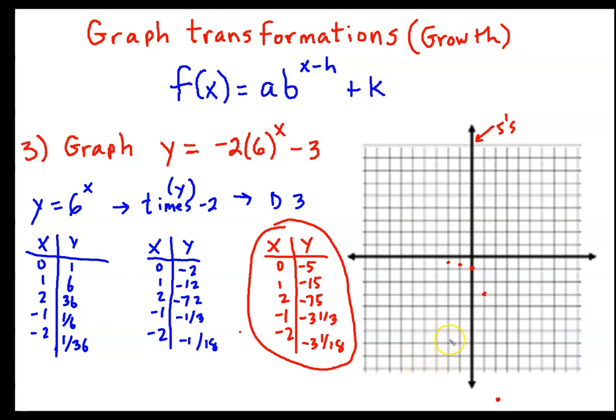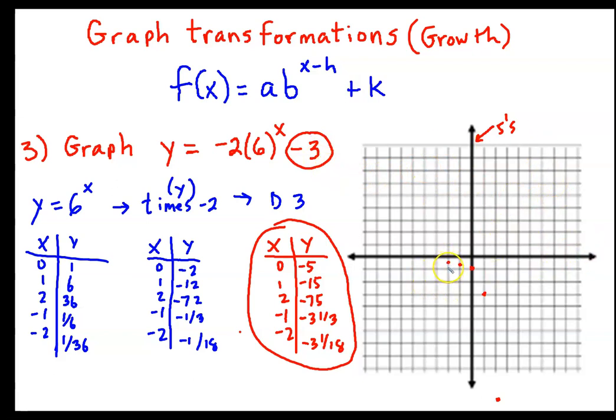Okay, so my graph, remember we had a horizontal asymptote of y equals 0 for the parent. Well, now you can always look at your vertical shift and it'll tell you what your new horizontal asymptote should be. So in this case, it should be y equals -3.